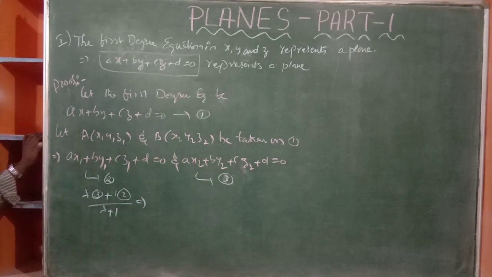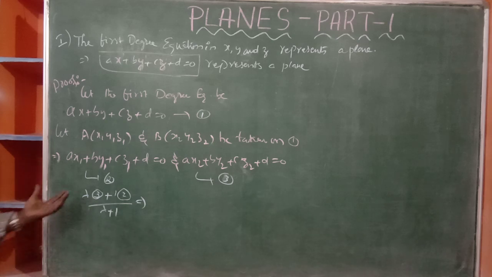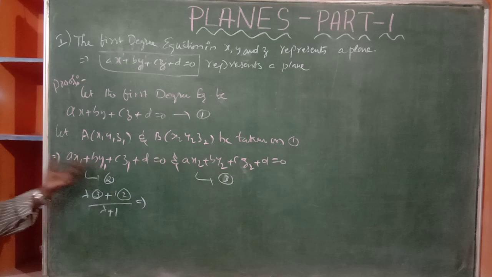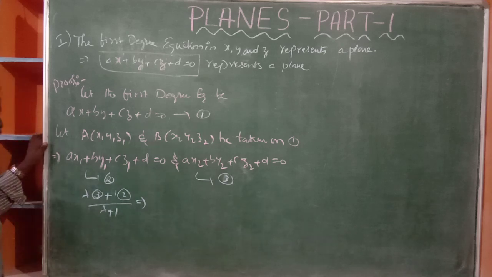I am taking the third equation multiplied by lambda plus the second equation multiplied by 1, divided by lambda plus 1. What will happen?